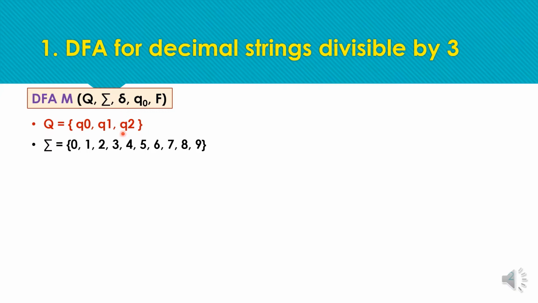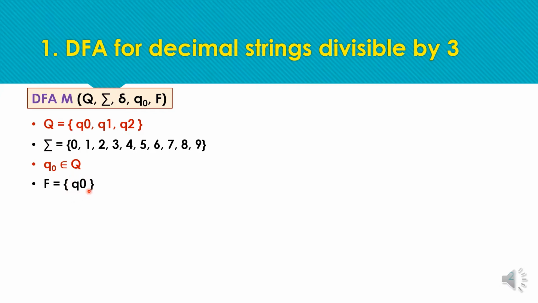Whenever we are forming a pattern that has remainder 1, we must be at state Q1, and if the input string is forming a pattern of remainder 2, then we must be at state Q2. In the same way, we have to accept all those strings that are divisible by 3, meaning where the remainder is 0, so the final state can only be the initial state, Q0, where the remainder is 0.